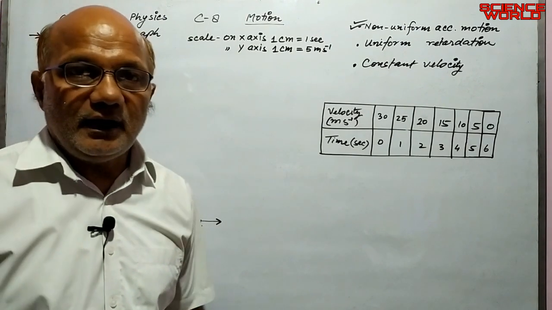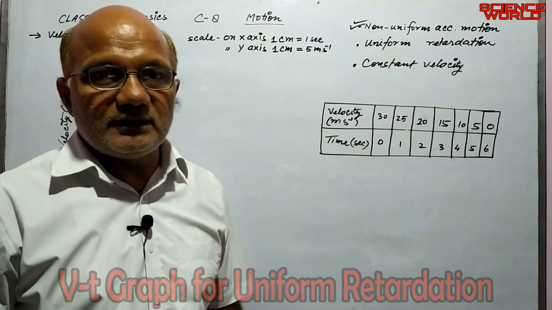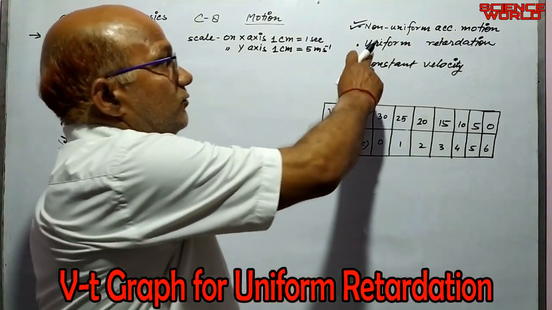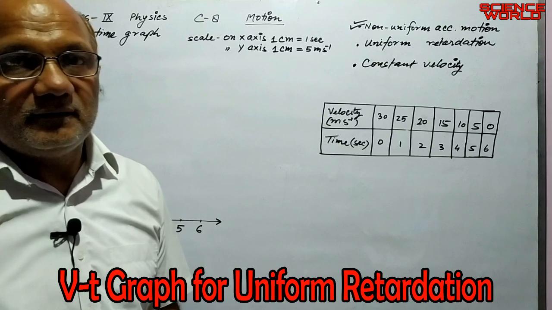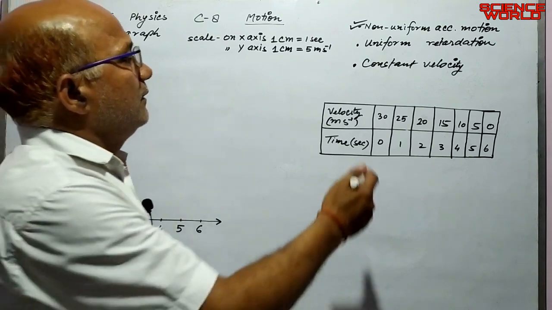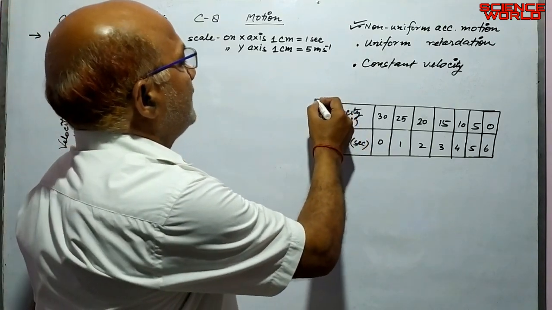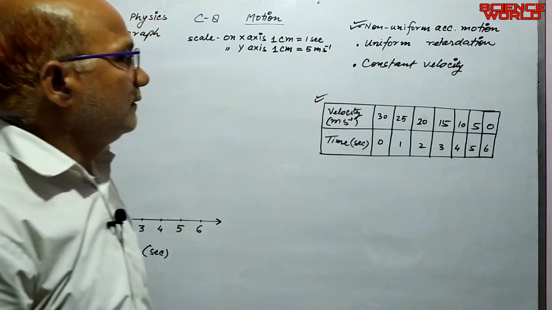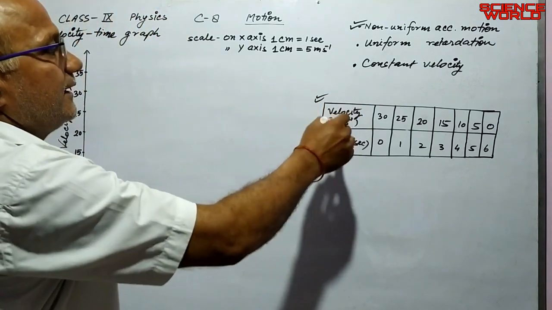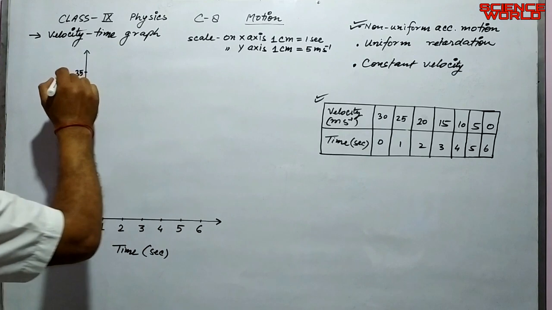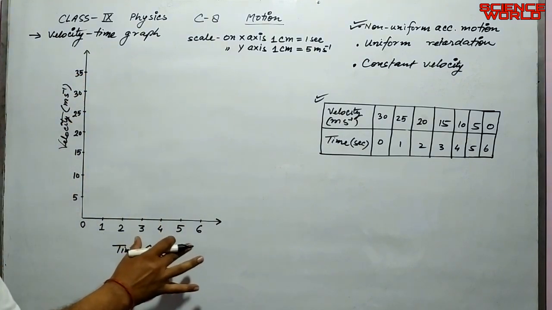Now, I am going to discuss velocity time graph for uniform retardation. So, for this graph we can consider this data, and by using this data we can plot velocity time graph.